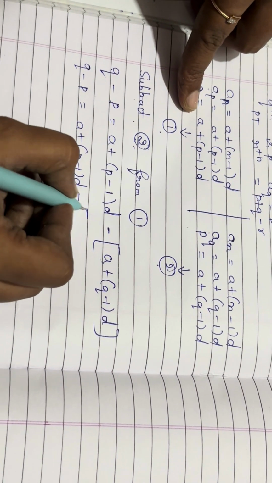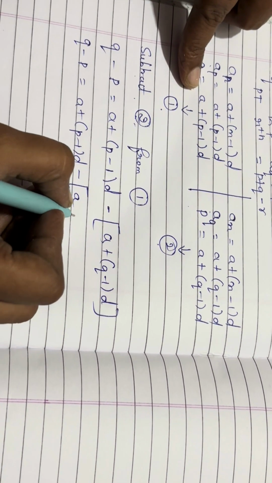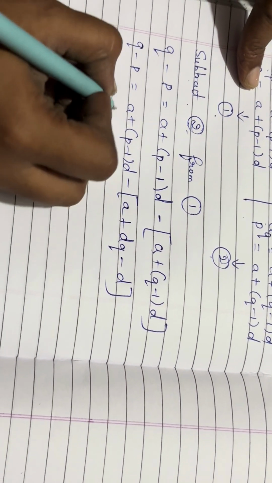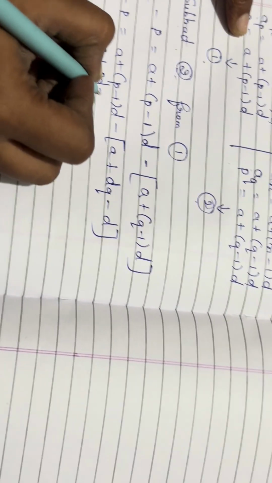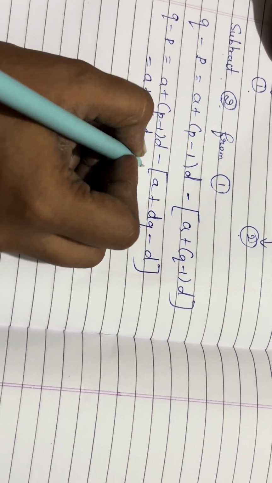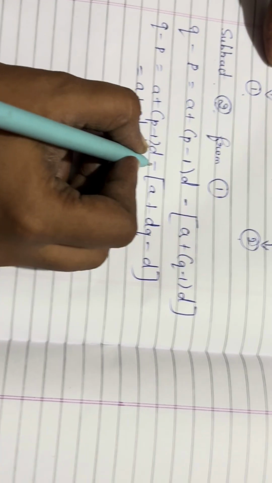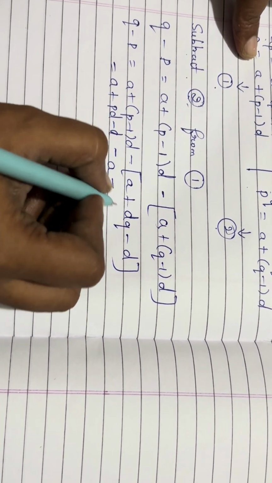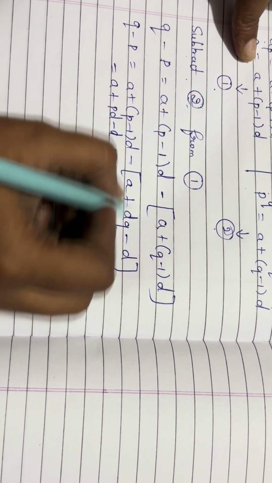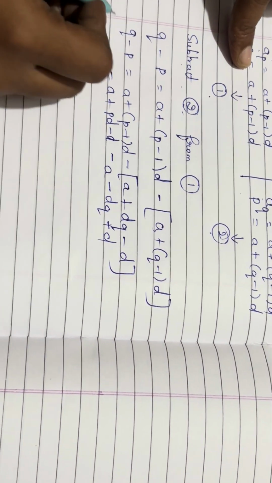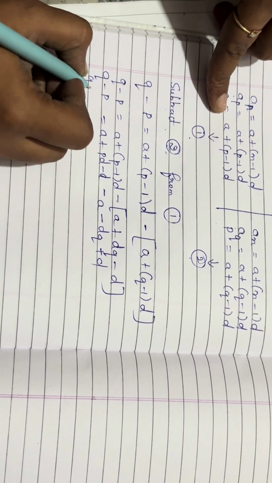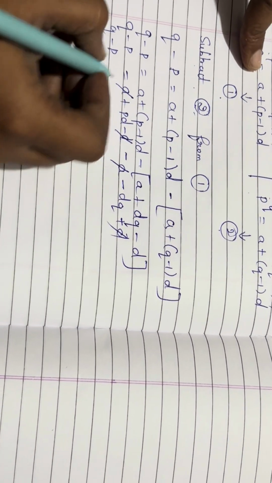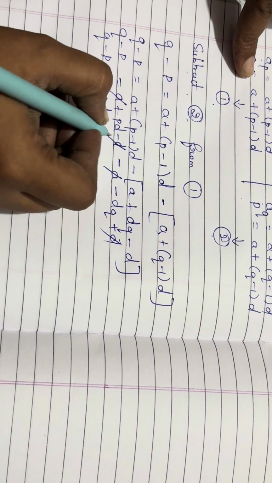First multiply D with Q minus 1: DQ minus D. Here also A plus PD minus D. Minus, multiply minus: minus into plus is minus A. Minus into plus is minus DQ. Minus into minus is plus D. Q minus P as it is. Now cancel plus D minus D, plus A minus A. Now PD minus QD.